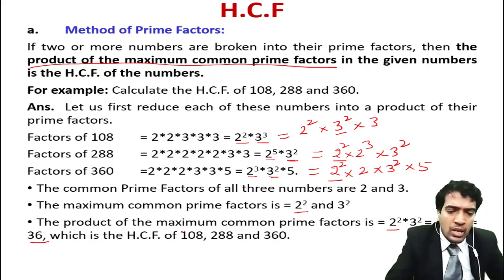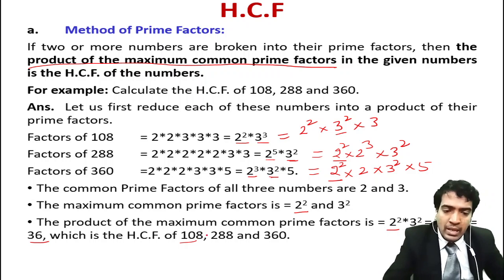Yes, there are factors. In fact, the number 2 divides all these 3. 2 54s are 108, 2 144s are 288, 2 180s are 360. And even the number 3 also divides 108, you can say 3 36s are 108. And if you take 288 divided by 3, you would say 3 96s are 288 and 3 120s are 360.